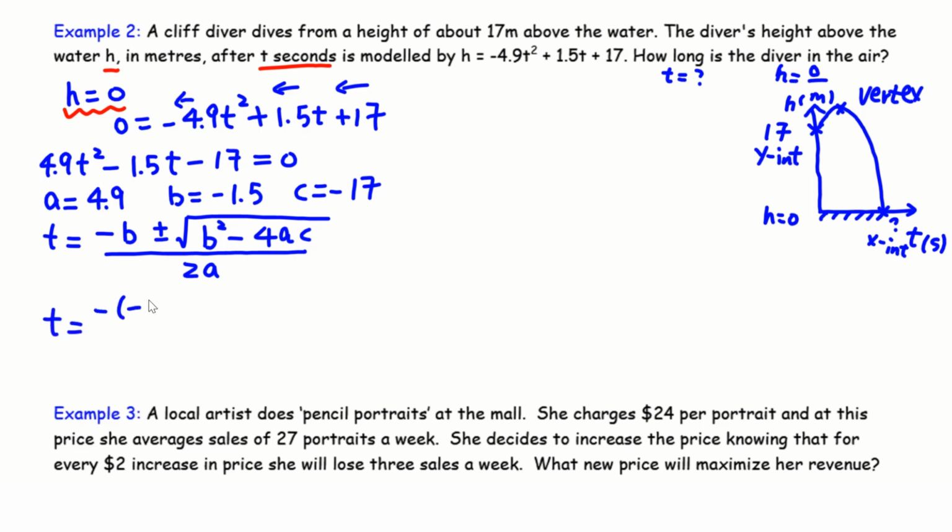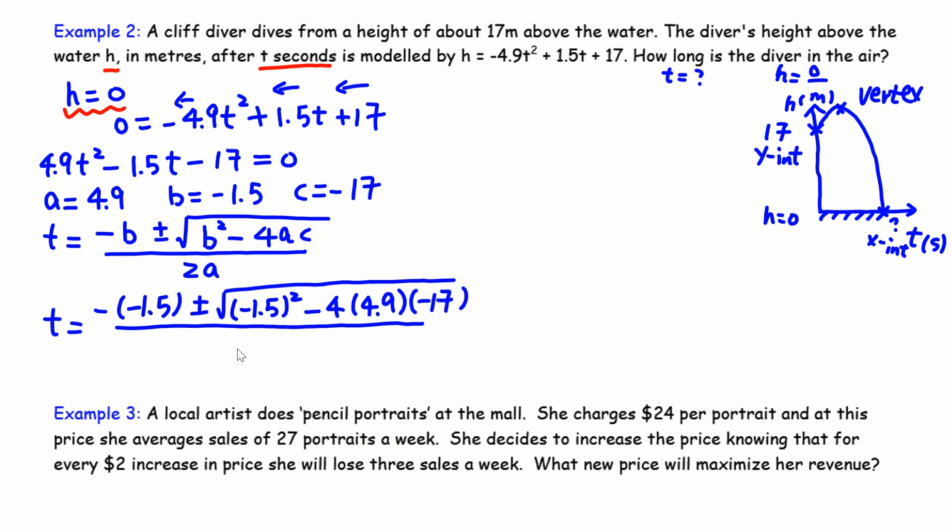So negative 1.5, negative gives you positive. Square root, bracket negative 1.5 bracket squared. So b squared will give you positive all the time. Then minus 4 times negative... over 2 times 4.9. Then use your calculator to find the answer.